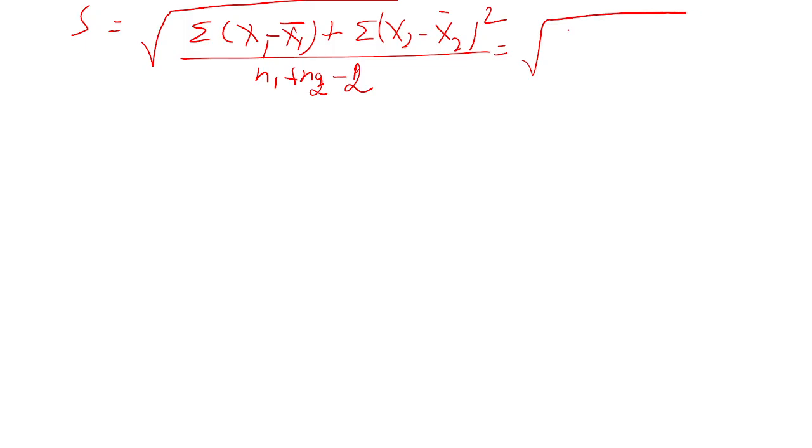What is the value? We have 380 plus 1410, divided by 12 plus 15 minus 2. How much did it come to?